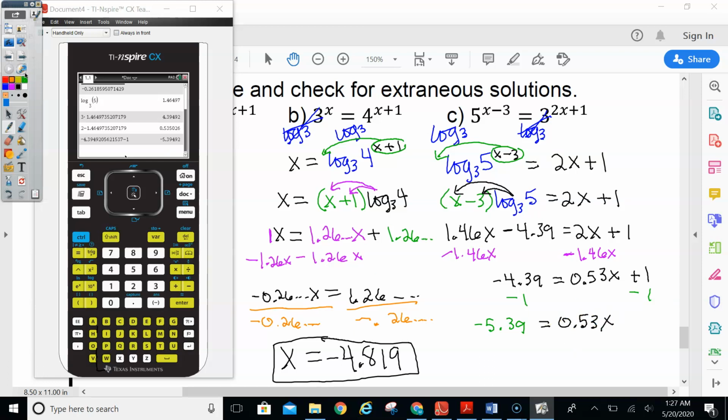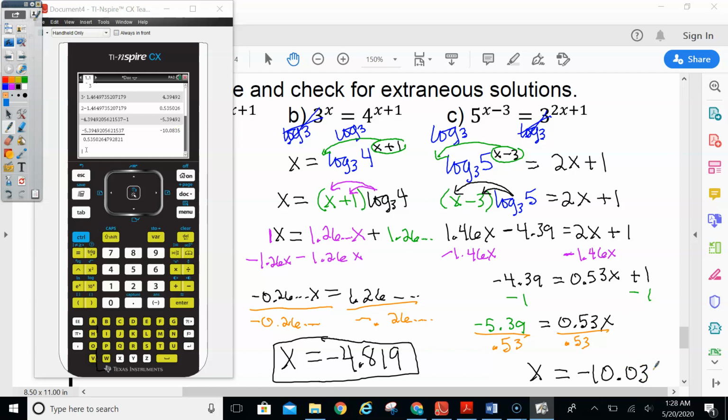So the last step would just be to divide that 0.53 number. So I need the negative 5.39, this number, divided by, I need to go up and get that 0.53. And now I can round to 2 decimals, so negative 10.08, that 3 is going to round to 4.